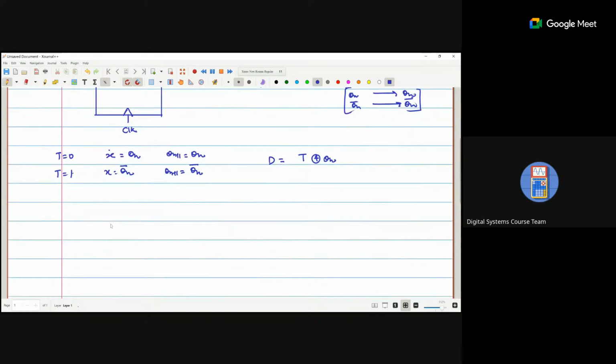We can understand this with the timing diagram also. So we have a clock pulse. If I have T and Qn, my input T can change at any time.